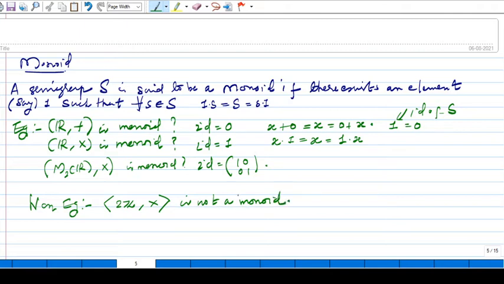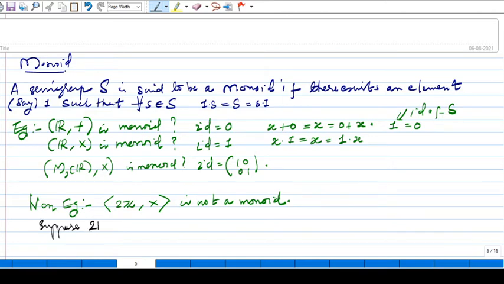How do I say that it is not a monoid? In order to say it is not a monoid, you have to show that no element belonging to this semigroup can act as an identity element. For example, I am assuming there is an identity.